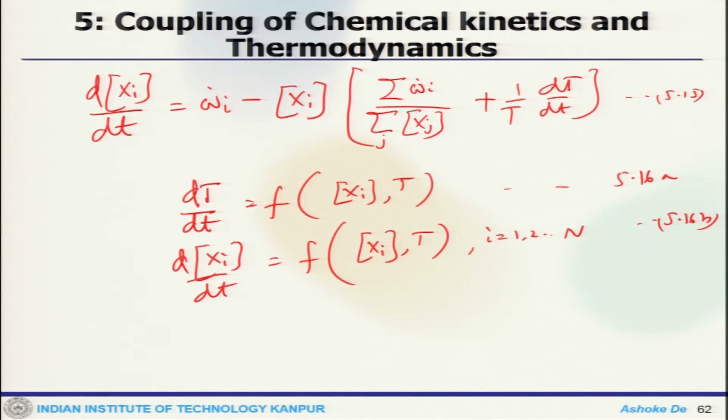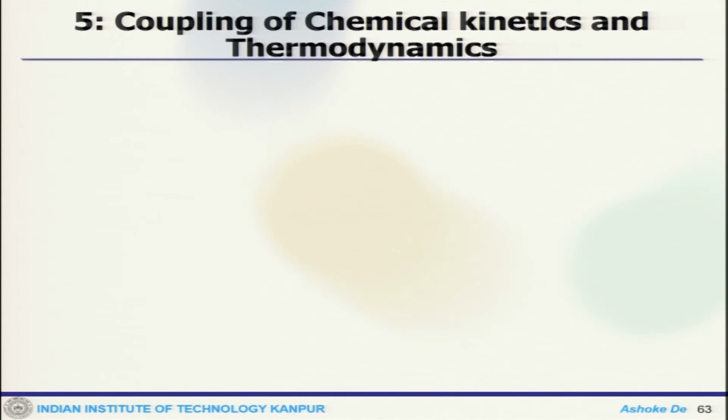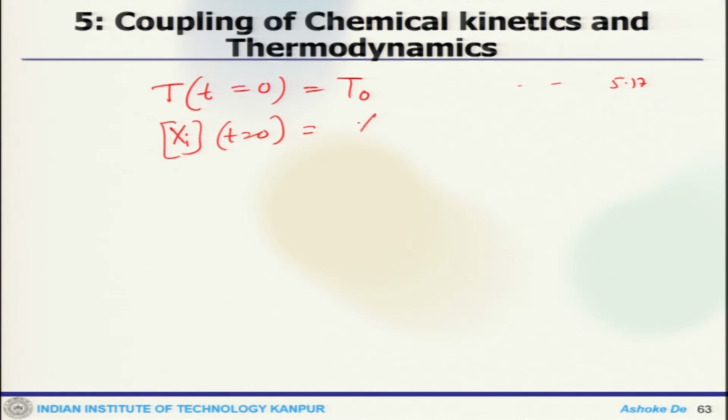This is the bottom line, two sets of equations, and the whole idea is to find the solution of these two. These equations are subject to initial conditions, where T at 0 is T naught, and concentration at t equals 0 is x I naught. This is A and this is B.